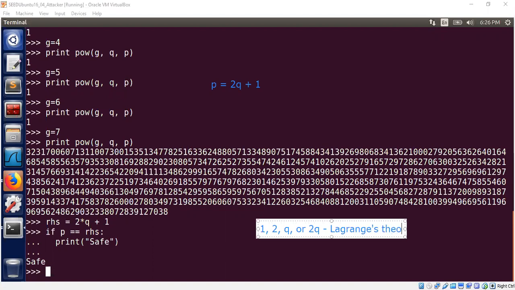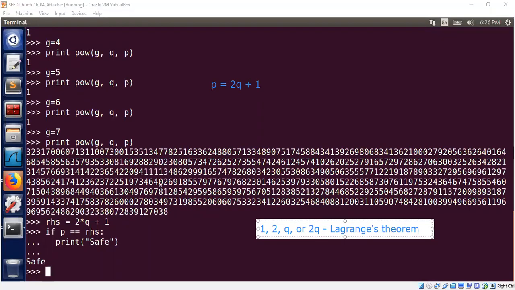These are the only 4 possible subgroup orders. G equal to 7 doesn't generate a subgroup of order 1. If it did, it would generate only the number 1. We're seeing a very large number printed here.